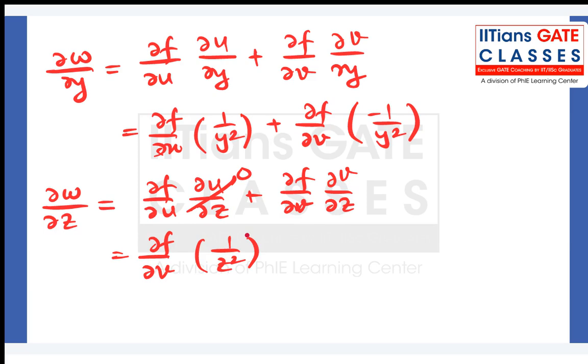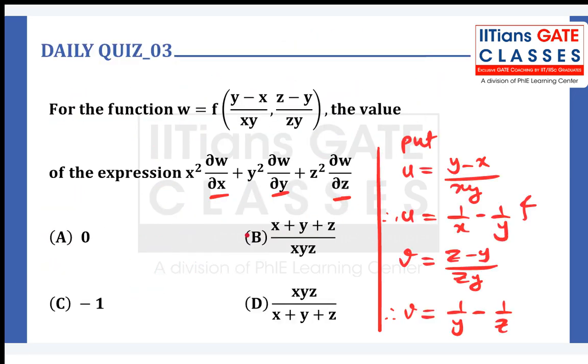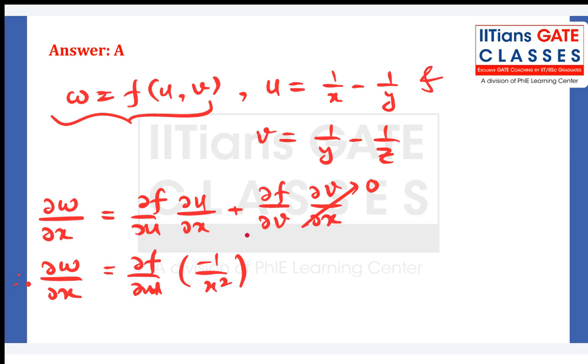And now what they are asking is to multiply by x square, y square, z square and add all of this. So from here, x square del w by del x turns out to be minus del f by del u. Let's call this equation 1.